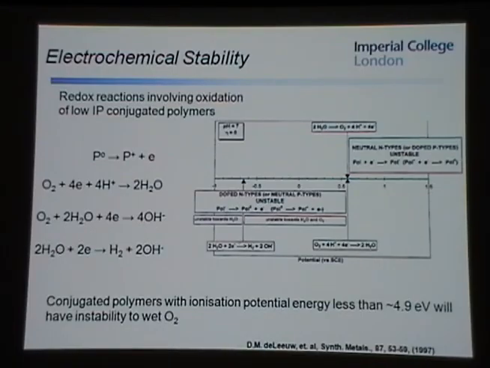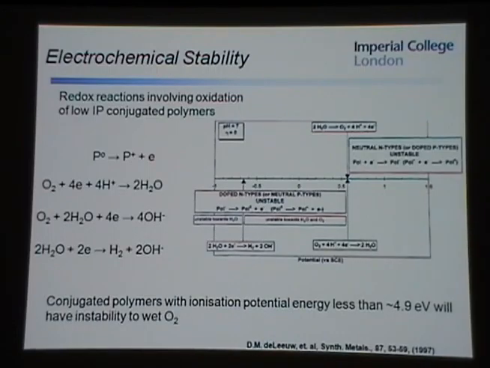Similarly, for the acceptor material, if the LUMO is too high in energy, then the radical anion that you form will be highly reactive, so not very stable, and will again, in the presence of water and oxygen, potentially react to give undesired dopants. There's some quite old literature around where you want these energetic levels to be.